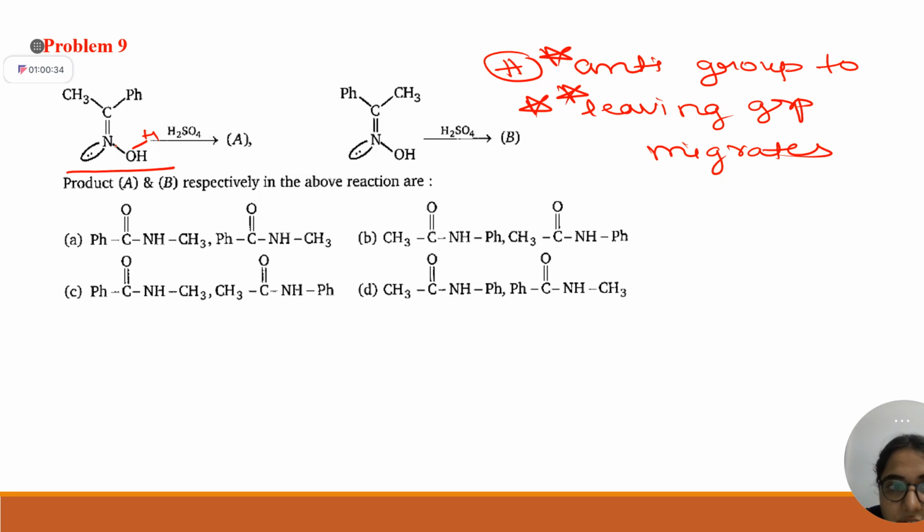A proper nitrogen positive charge intermediate is not formed. Before it gets a positive charge here, this group migrates here, okay? And I will tell you the exact mechanism. CH3, C double bond N, Ph. This lone pair is there.